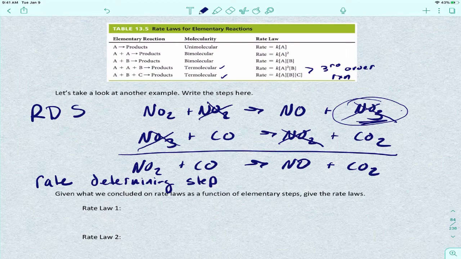In this case, step 2 can't happen if we don't make NO3. So step 1 is our rate determining step. If step 1 goes fast, then that means step 2 can happen faster. If it takes us a long time to make NO3, so if step 1 takes a really long time, that's going to limit how fast this reaction can go.